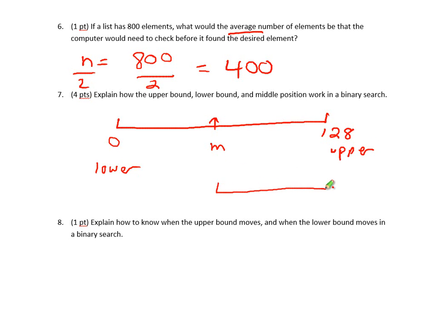Then you might switch and have your lower here, middle, and upper here. Then next time through, so forth. I need some sort of explanation like this, drawing pictures, words, explanation, whatnot, as long as I'm pretty sure that you know what it means.